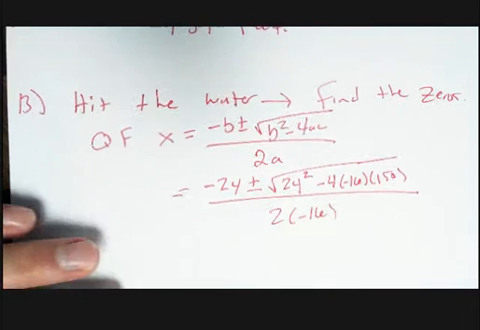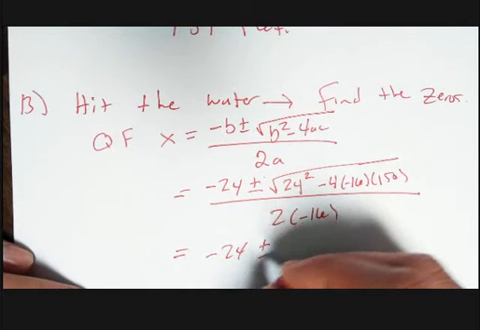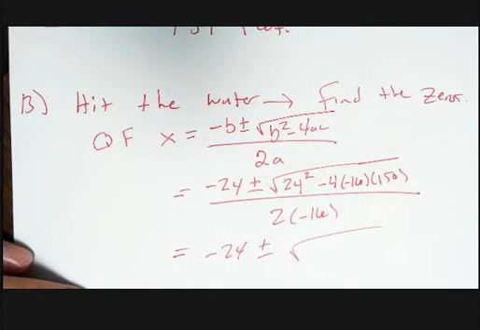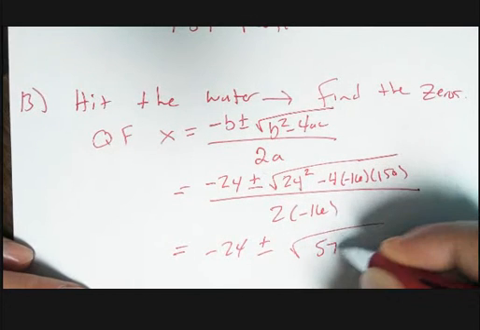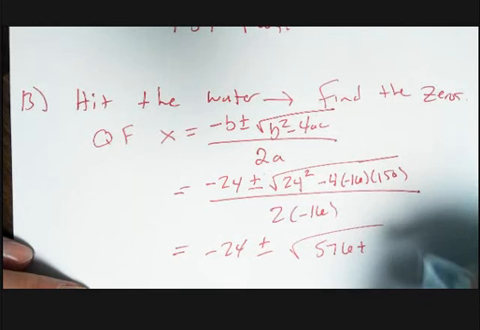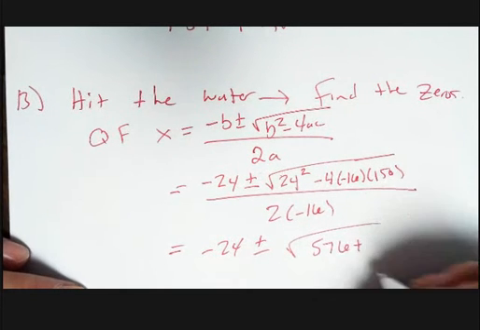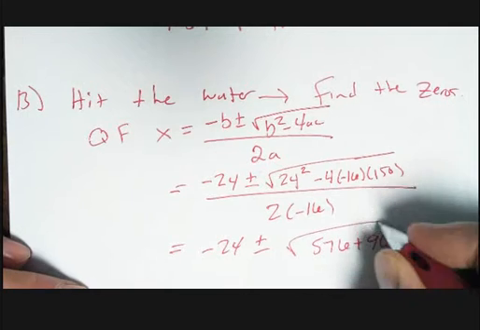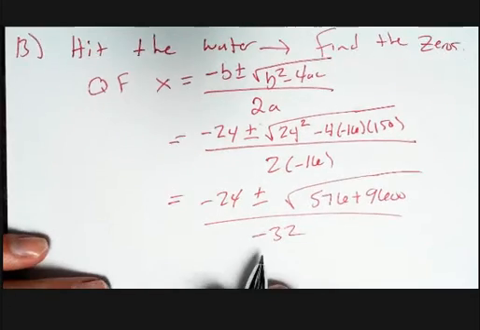And then we're just going to work through this. We get negative 24 plus or minus. You could type this part in your calculator. I'm just going to break it all down. That's going to be a plus now. And then that's what we're going to come up with at first.